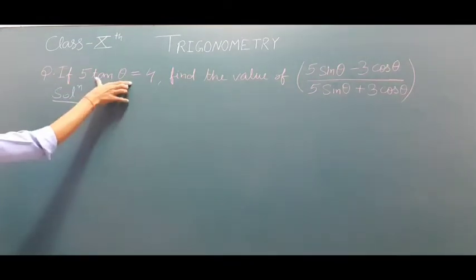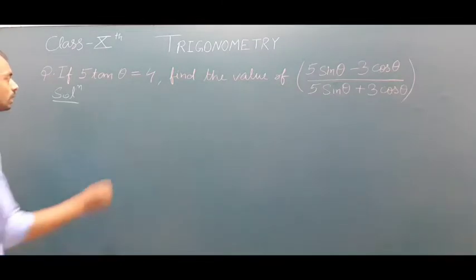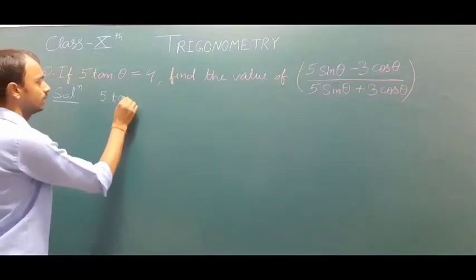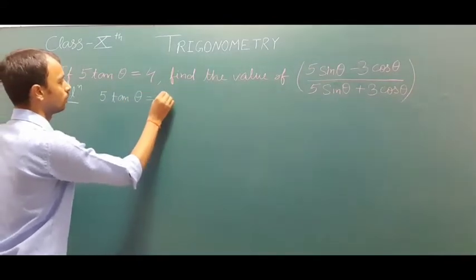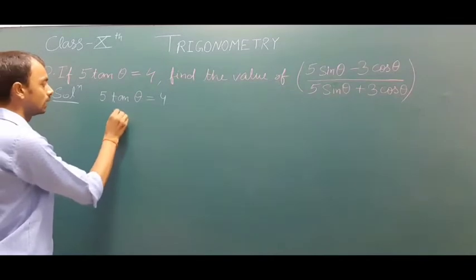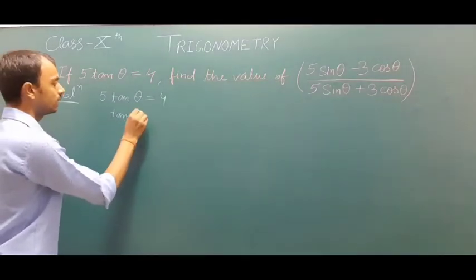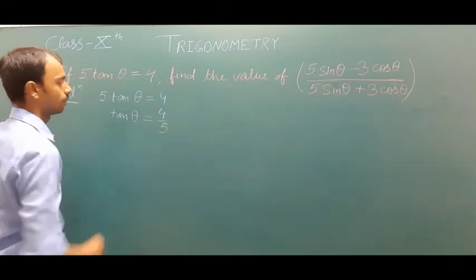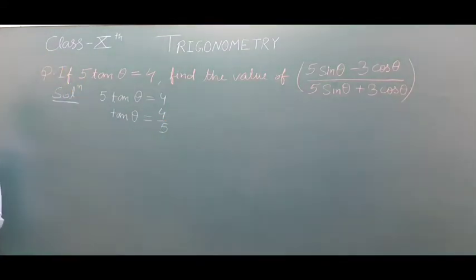We have to consider the given condition. That is what? That is 5 tan theta is equal to 4. So from here we can get tan theta is equal to what? 4 upon 5. Okay, we have the value of tan theta.